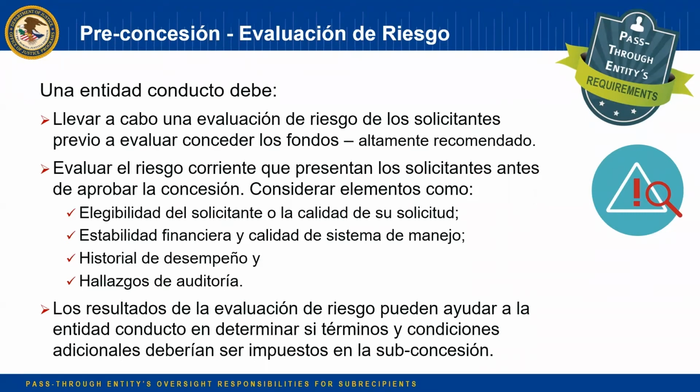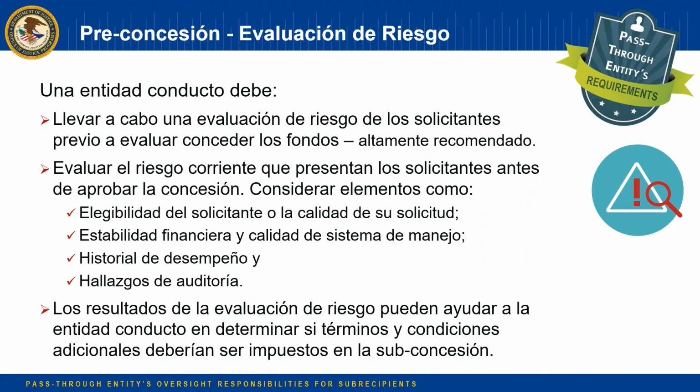Whether or not their accounting system is a stable one that you can rely on, whether or not it's going to provide you with the information that you need, any history that you have with this applicant. And then again, one of the most important things is to look at their prior year's audit. Is there anything in there that comes to mind that would put this particular organization at risk?